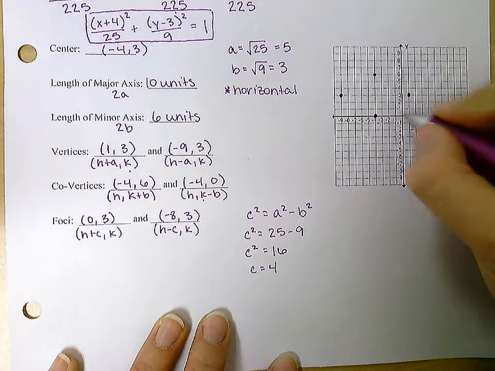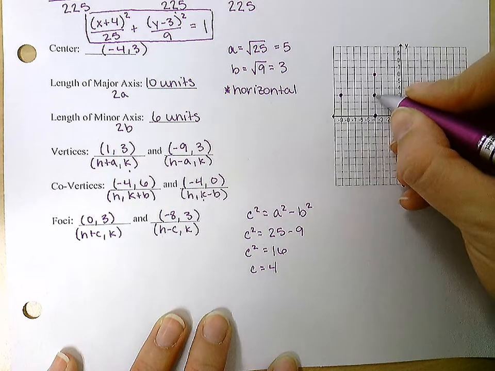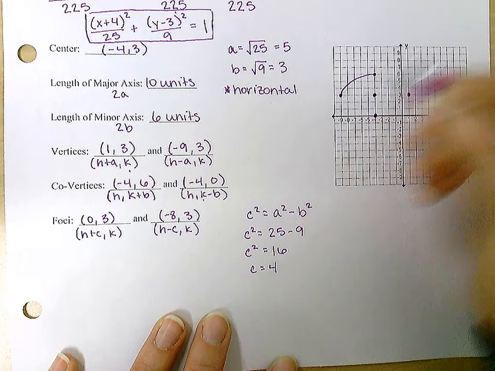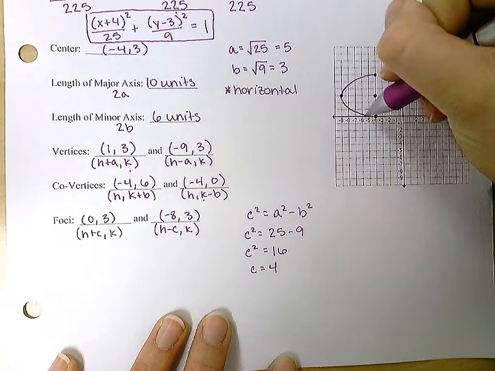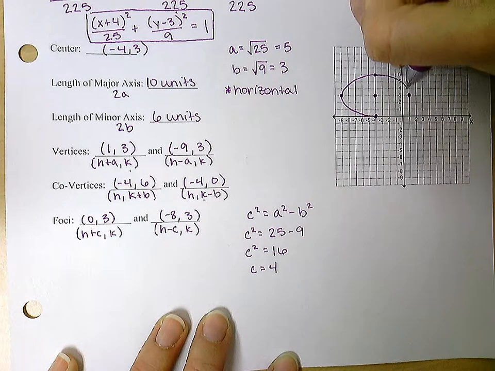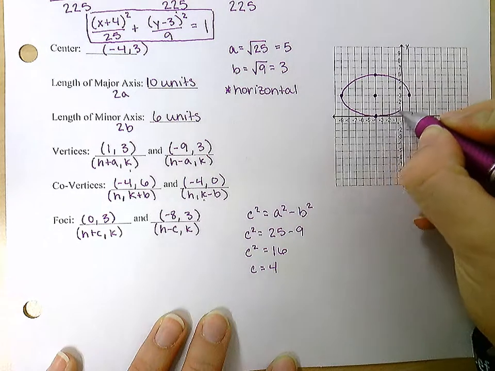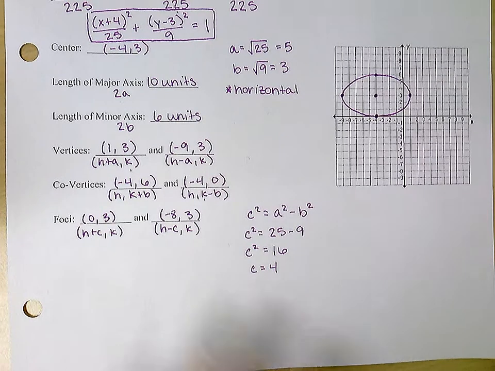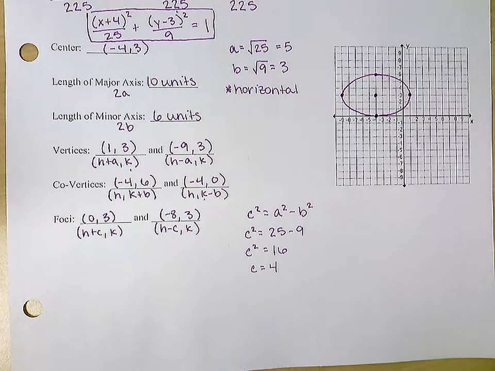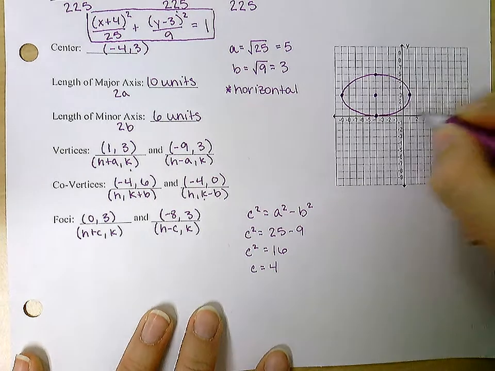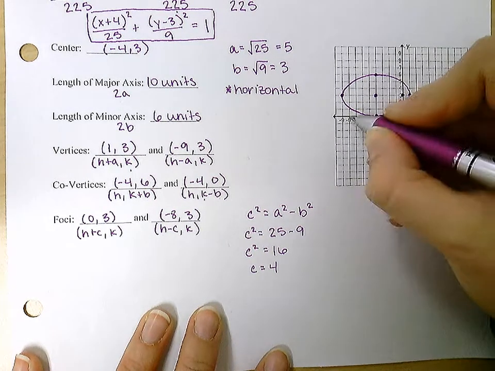And your center was at negative 4, 3. Okay, and then I can just connect each of those vertices and co-vertices together to make that ellipse. Okay, and then you can plot your foci points at 0, 3 and negative 8, 3.